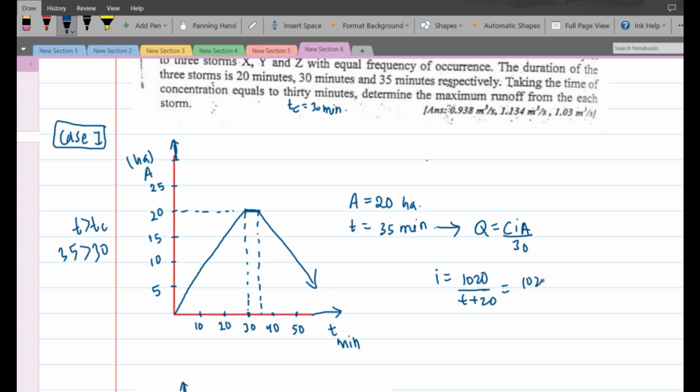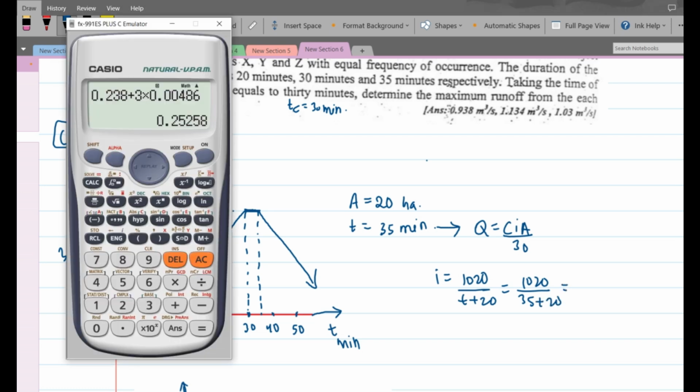So 1020 by T, which is 35, plus 20. Let's calculate: 1020 divided by 55, it will be 18.54.